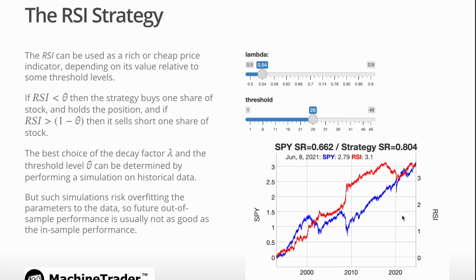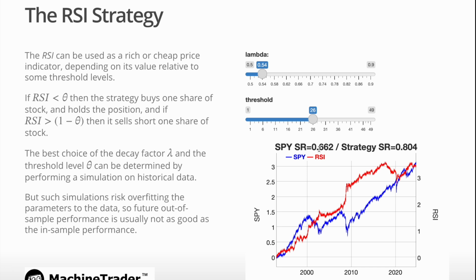Here we have a plot of the P&Ls of the RSI strategy in red, and on the left axis we have the log SPY prices. I've also calculated the annualized Sharpe ratios for SPY and the strategy.